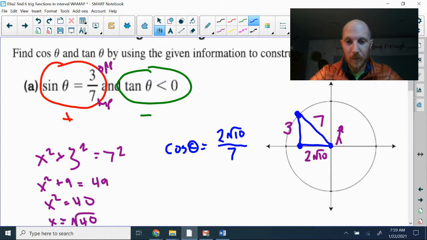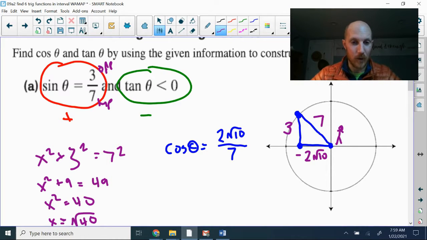So before I finish, I need to double check this. If I'm looking at my reference triangle in the unit circle, I'm in quadrant 2. That's to the left on the x-axis, and left on the x-axis means that my x-coordinate should be negative. And I didn't label that earlier, but I'm going to go ahead and put that negative sign on the adjacent side because of the context of the graph.